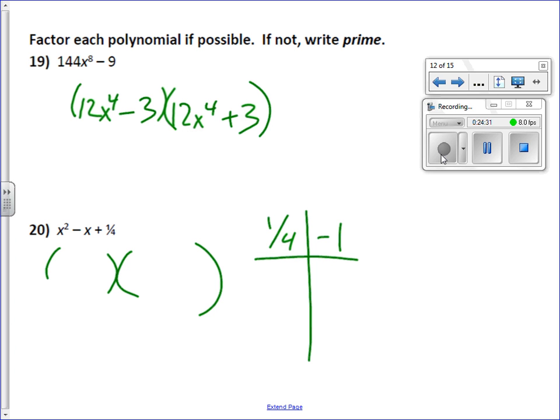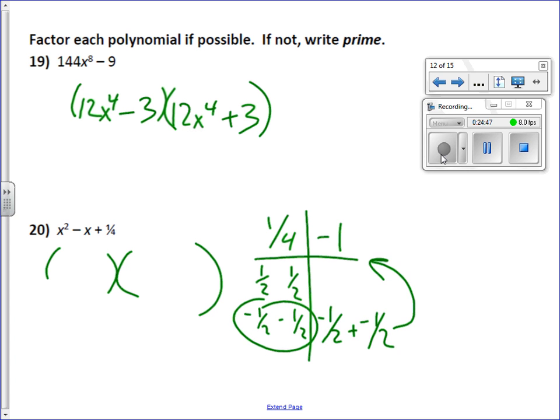So a fourth, how do I get a fourth? Well, half times a half, or negative half times a negative half. And these two, you do negative half plus negative half, you get a negative 1. So that's what it's going to be, x minus a half, x minus a half.